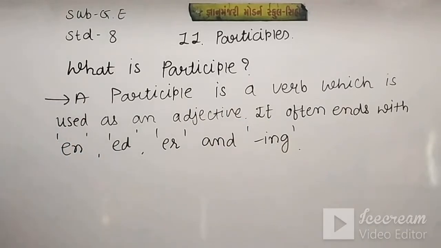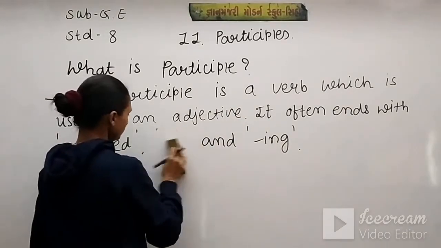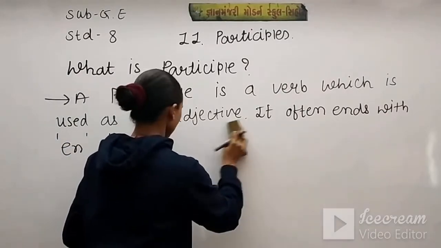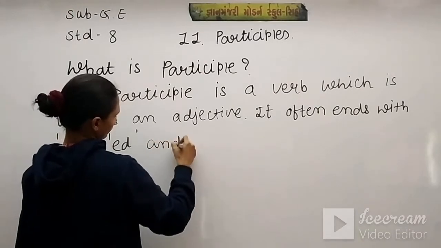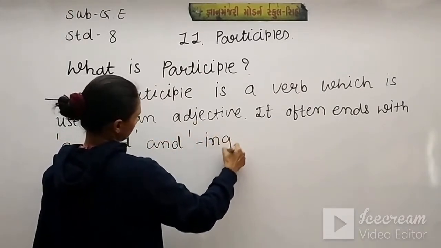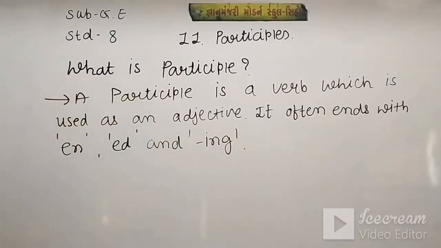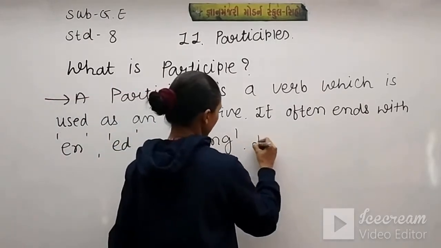These four, we have, there is no er, en, ed and ing. Okay. Next, it is a verbal adjective, does the work of a verb and adjective in a sentence.